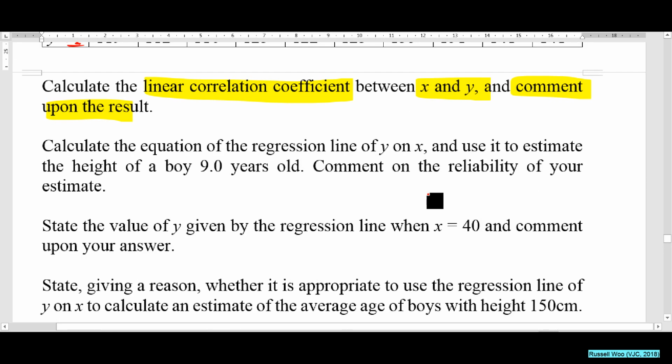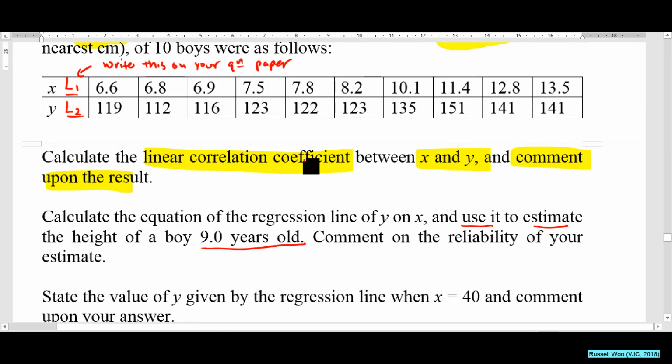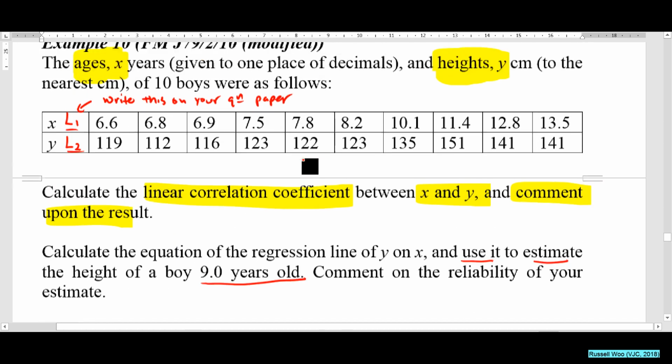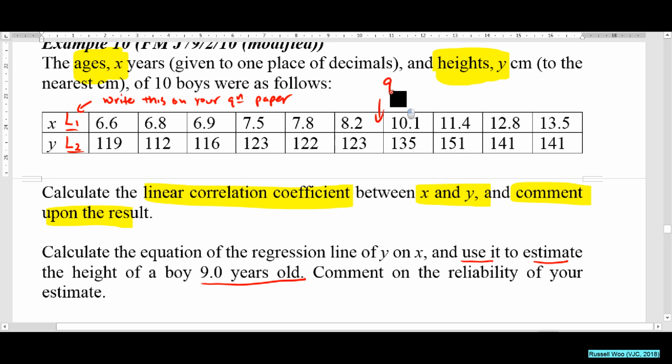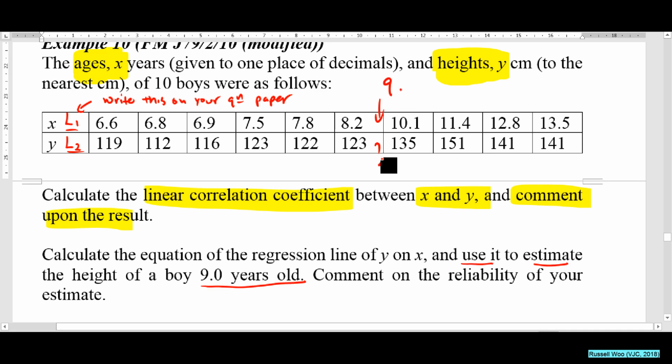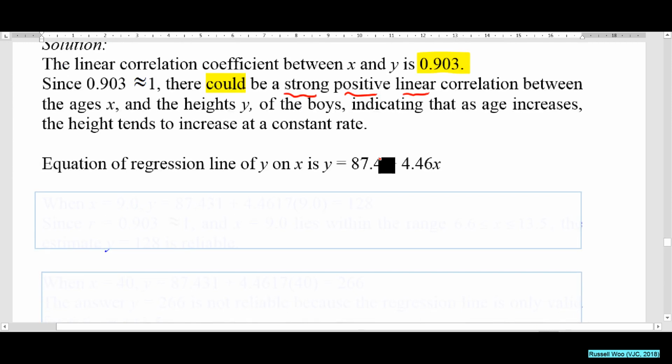Next, the question asks us to use this regression line to estimate the height of a 9-year-old. Now, X is the age, Y is the height. You want to estimate somewhere at 9 years old here. You need to comment on the value. We already know this is age and this is height.